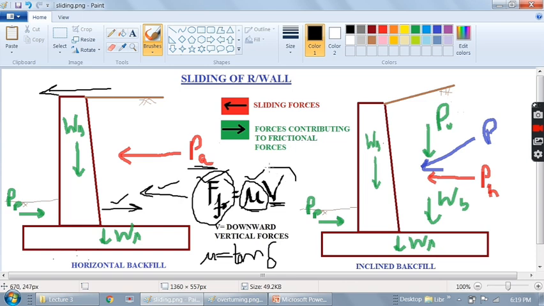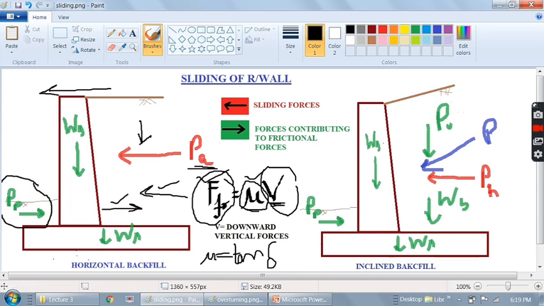So what is V here? V are all the vertical forces, that is, weight of the retaining wall, weight of stem, weight of base slab, and this is weight of backfill. I have not shown it here, but this is weight of backfill. So what you will do, you will combine all the vertical forces and multiply it with the coefficient of friction. You will get the frictional force. There is another frictional force acting here, which is actually not frictional force.